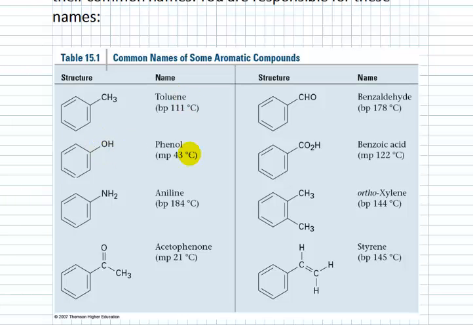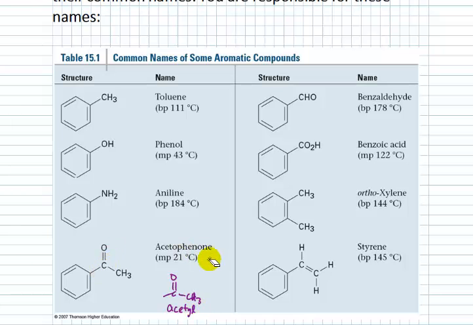Benzene with a hydroxide is phenol. Benzene ring with an NH2, an amino group, is aniline. C double bond O CH3 is acetophenone. We'll see quite a bit throughout this course that C double bond O CH3 is an acetyl group. So acetophenone is that compound.